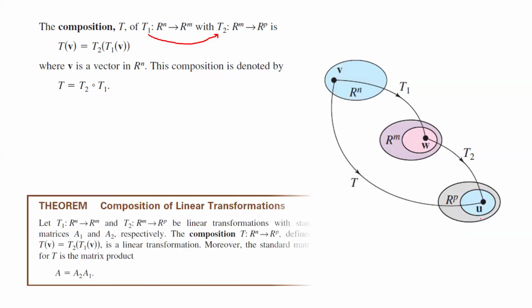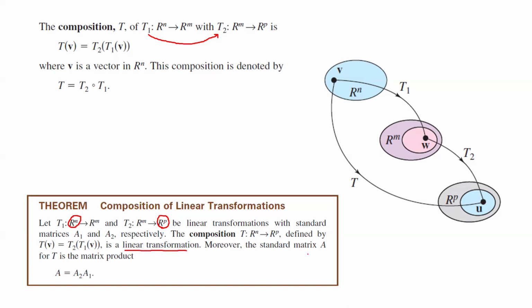We have a nice theorem here. If T1 maps Rn to Rm and T2 maps Rm to Rp, and they are all linear transformations with standard matrices A1 and A2, the composition from Rn to Rp defined by T2 of T1 is also a linear transformation.